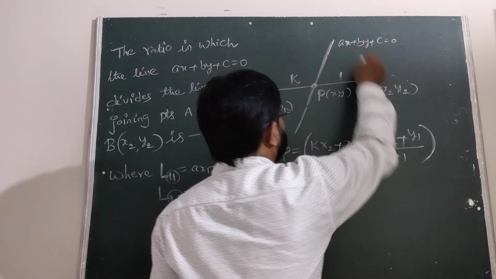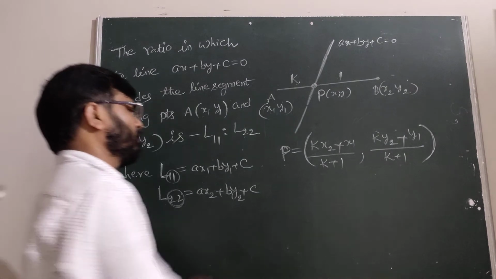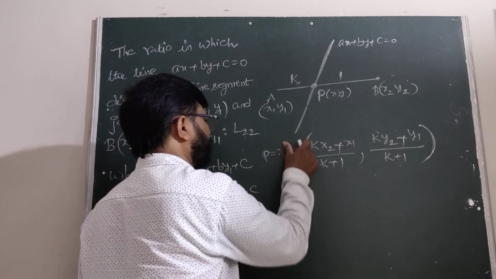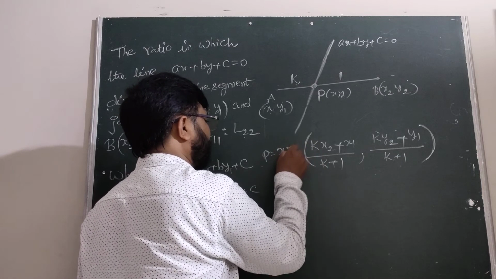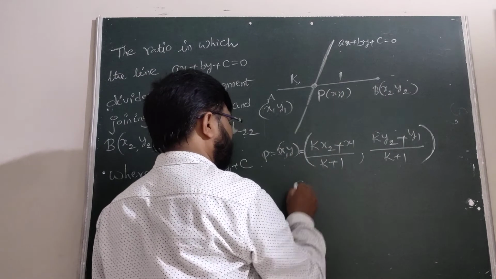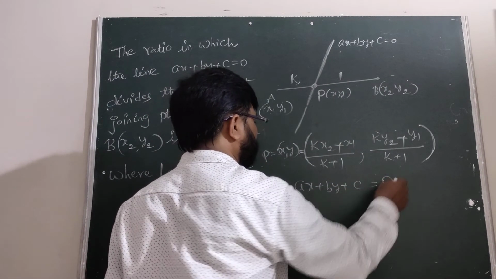This is the point P. Therefore P lies on the line. When we take P equal to (x, y), it lies on the line ax plus by plus c equal to 0.